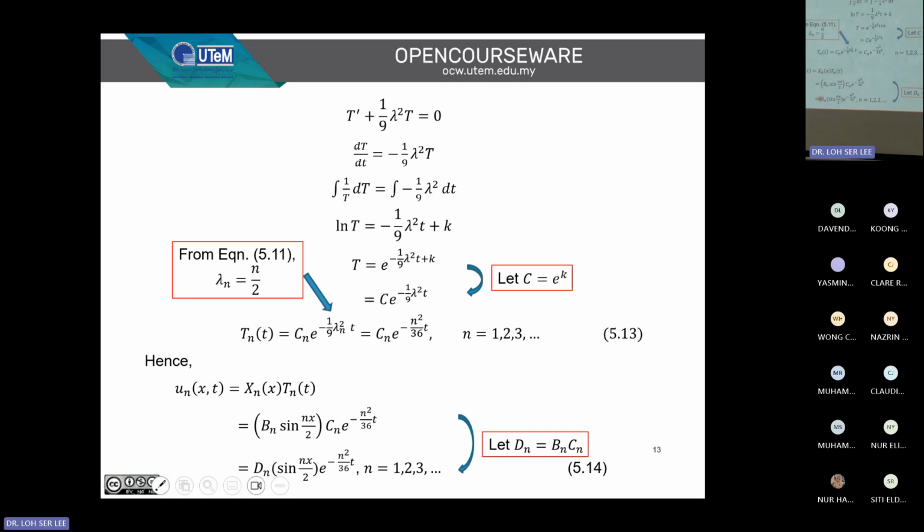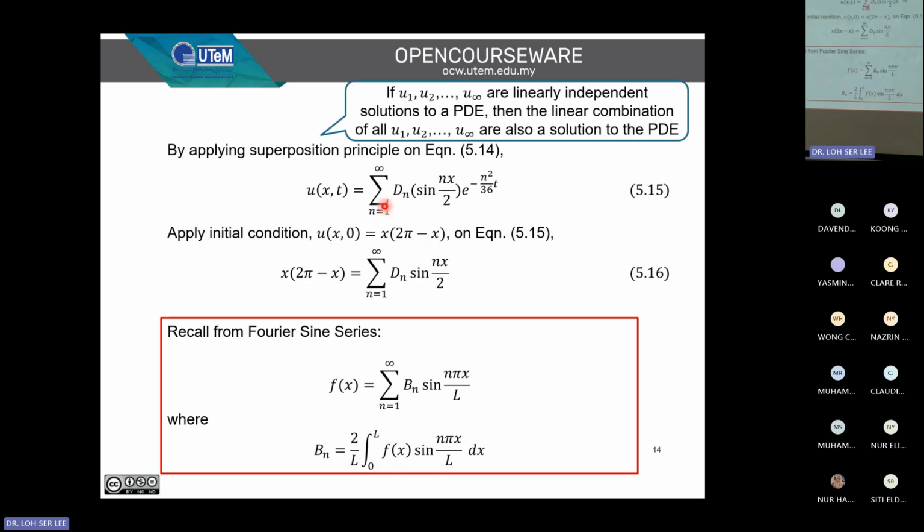When we sum them up, your un will be u. Then we will start to apply the initial condition.